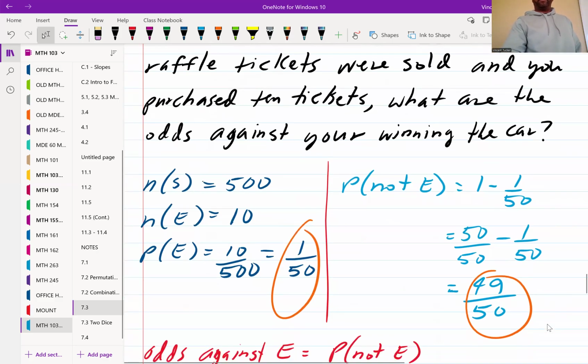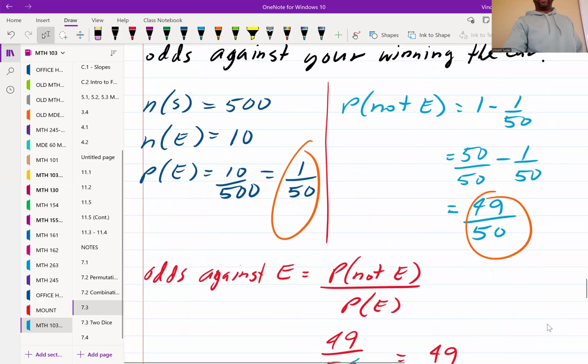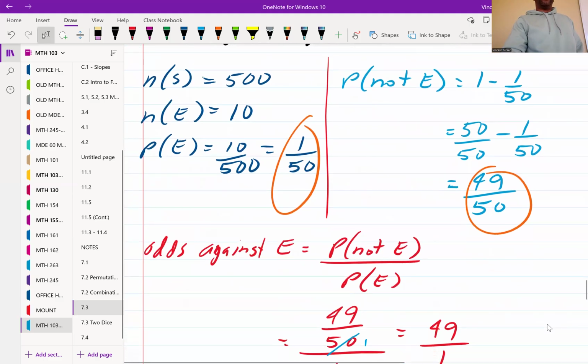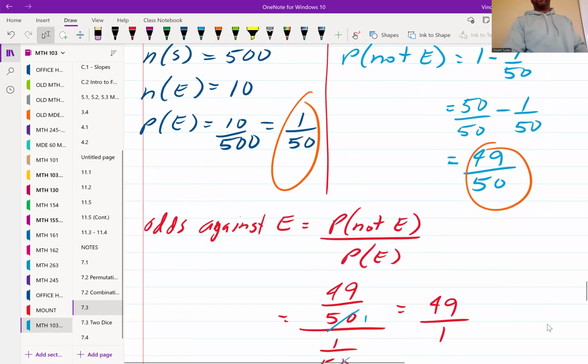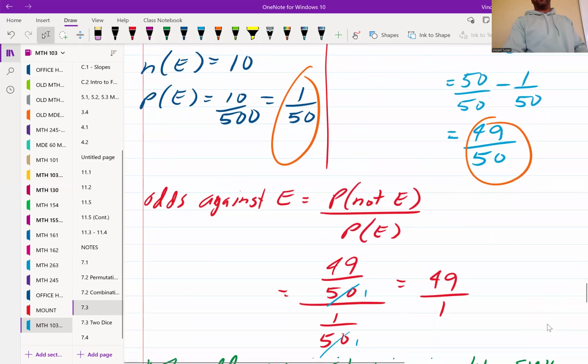All right. So for the odds against, you take the probability of the event not occurring and place that over the probability of the event actually occurring. So it's 49 over 50, and we place that over 1 over 50. Those 50s will cancel for us, giving us 49 over 1.